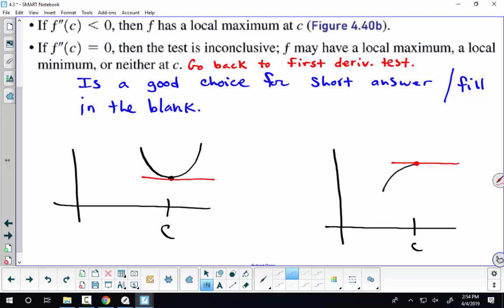So maybe to make some visual sense of what that theorem is saying, you can look at that. But again, this is not often utilized in practice, just because of that third bullet.